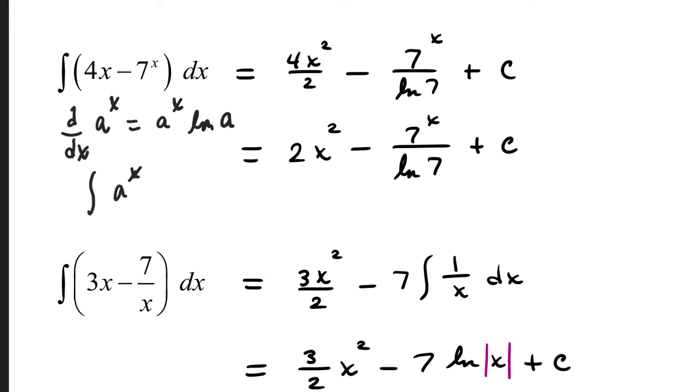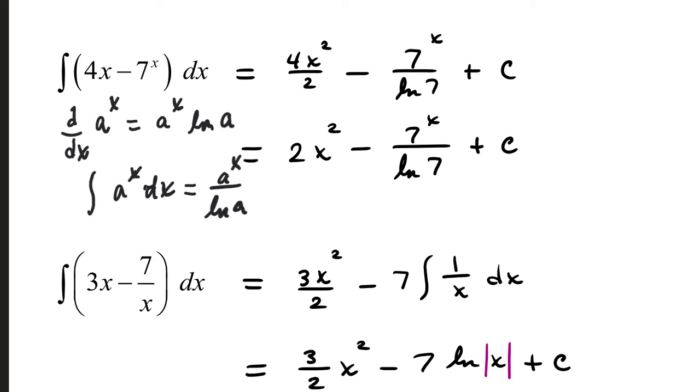So when you go backwards and you do an antiderivative, when you integrate just an exponential term with a base other than e, you're going to have to divide by the natural log of that base number. So long story short, the integral or antiderivative of a to the x dx is going to be a to the x over natural log of that base number.